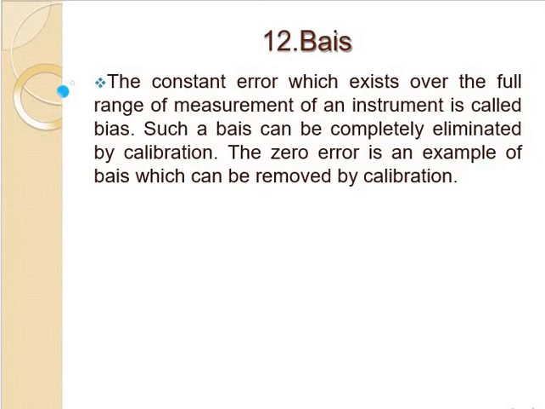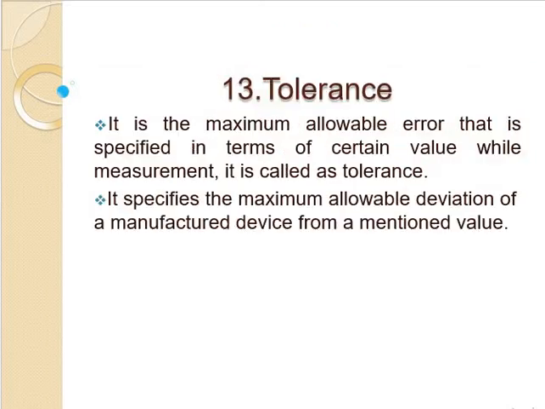Suppose you take a tachometer, a pyrometer or a glass tube manometer. The instrument should show the same error for the entire specified period. It should not change. That is called bias. This zero error is an example of bias, which can be removed by calibration.